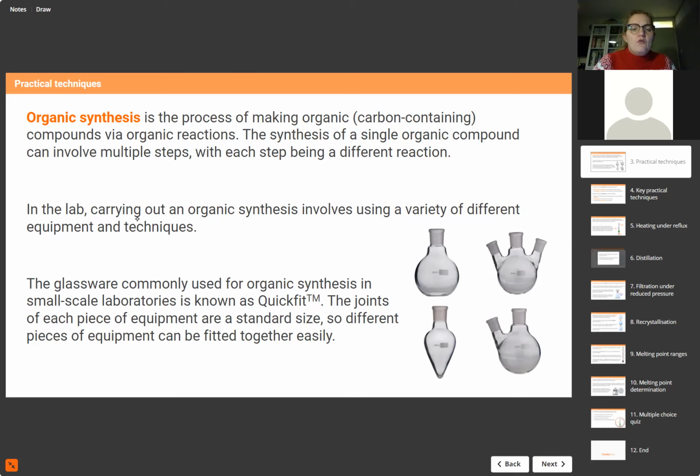The glassware that professional scientists often use in small scale labs for organic synthesis is often known as quick fit. That's because the joints of each piece of equipment are a standard size, so different pieces of equipment can be fitted together really easily. That's really important because, as we said, each step can involve a different type of reaction and a different method.